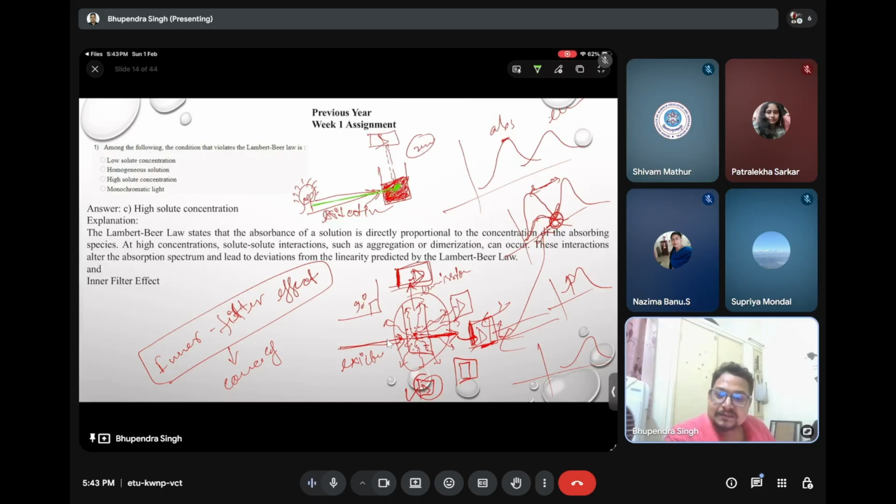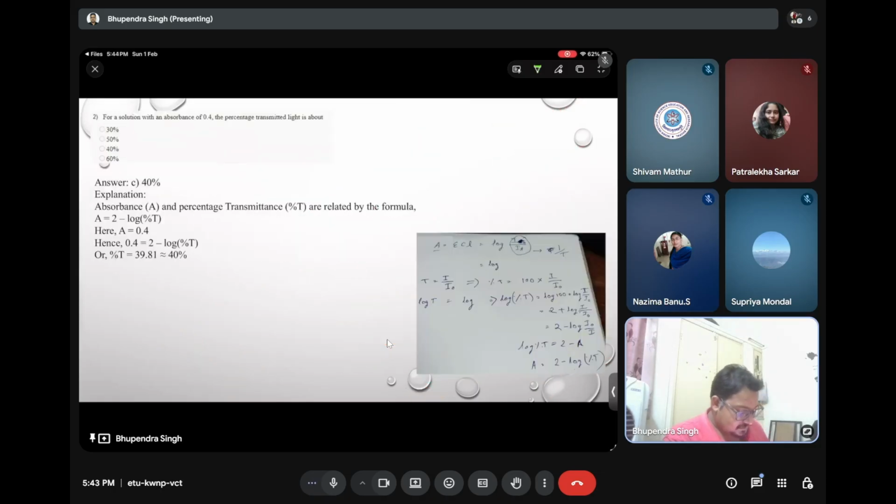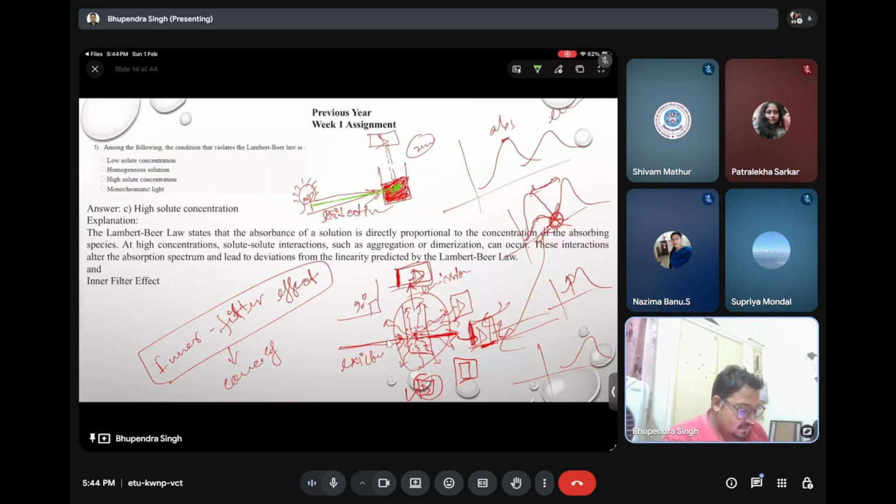So in the highly concentrated sample, what will happen? This light will not reach this green part. It will be absorbed by these molecules here only. But the pinhole was here, so the emission will be here, here, here, and it will not reach the detector. So that is why this Lambert-Beer law will fail.